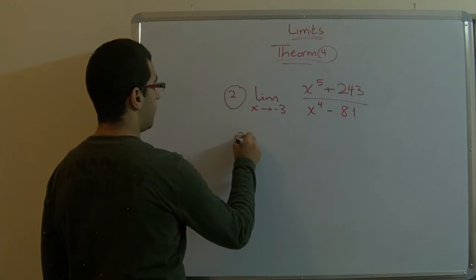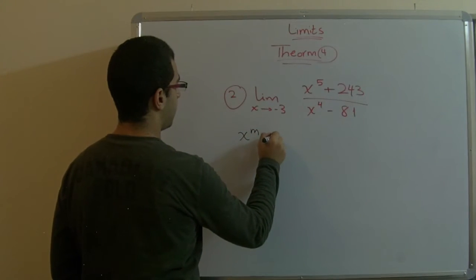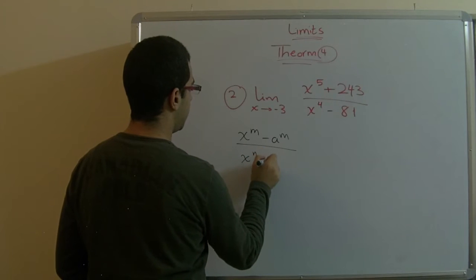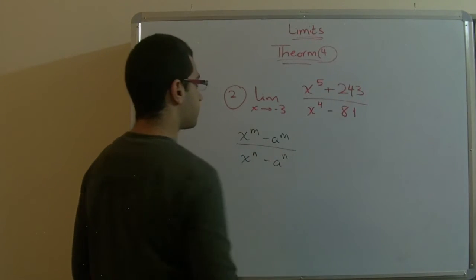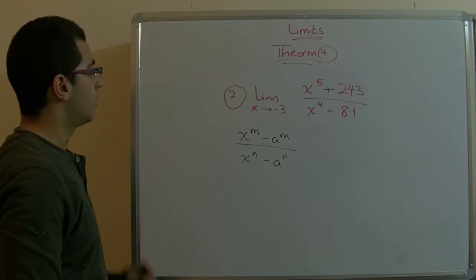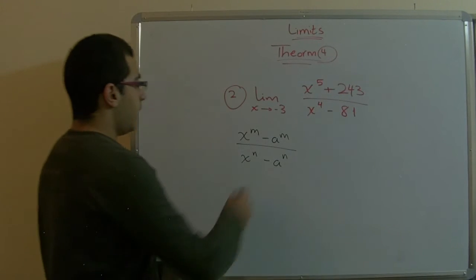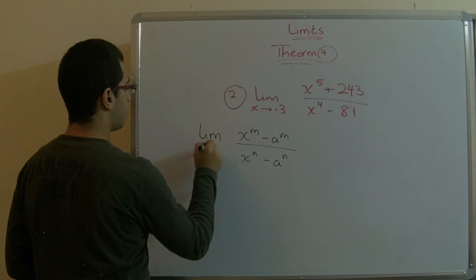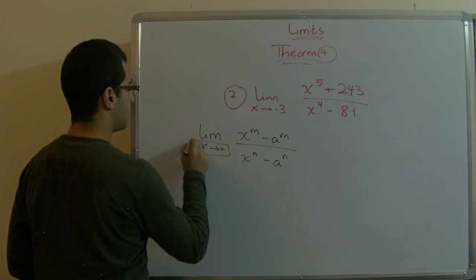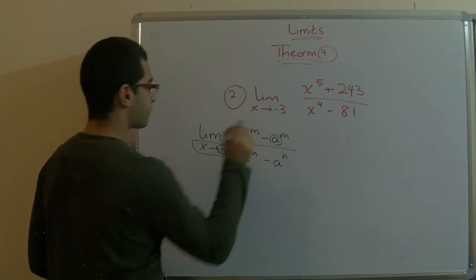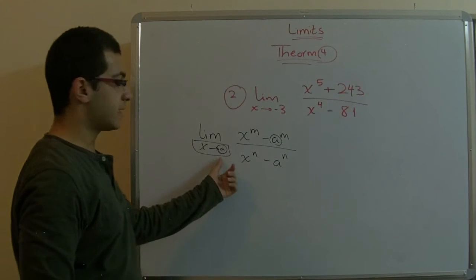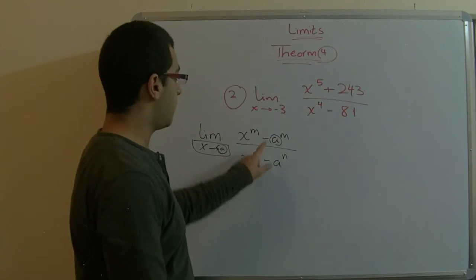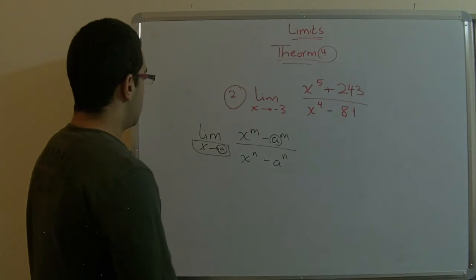We have x to the power m minus a to the power m over x to the power n minus a to the power n. So the a here is the one which x approaches in the limit. It is the same a. So when this is a, we type a here in the formula, and we have a negative before it.